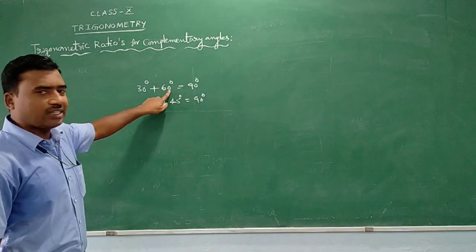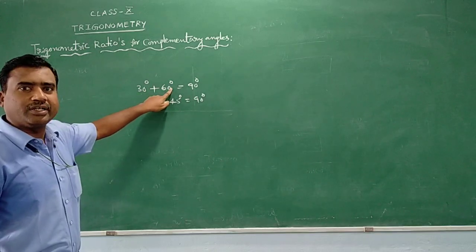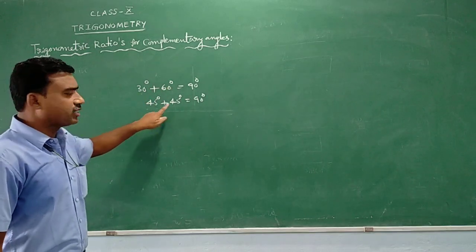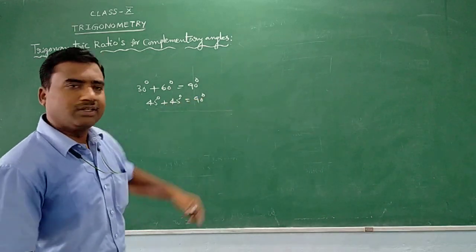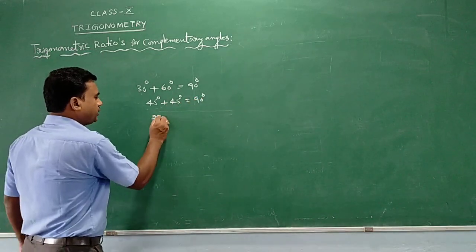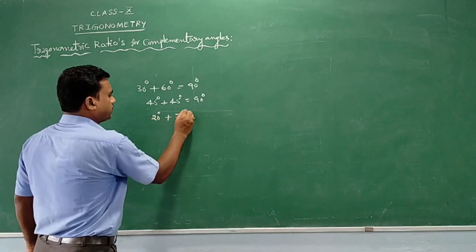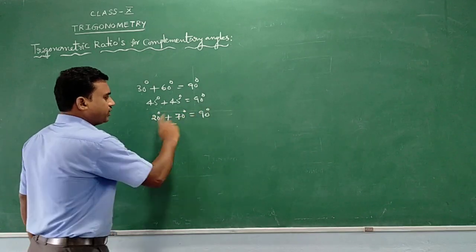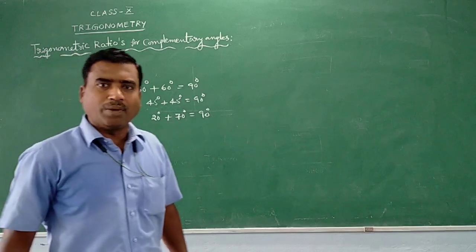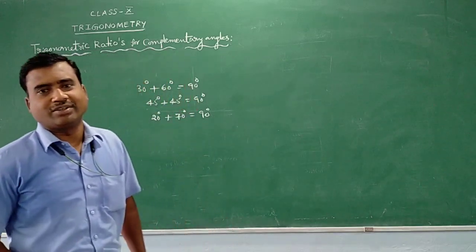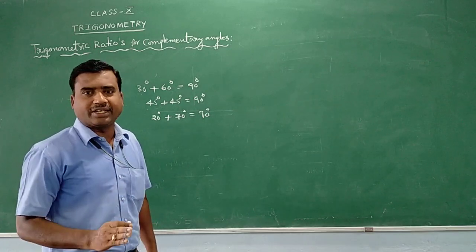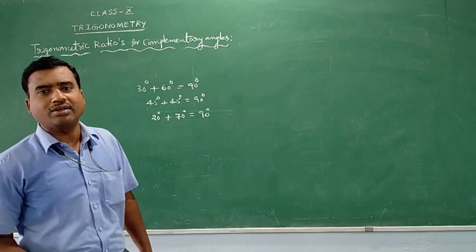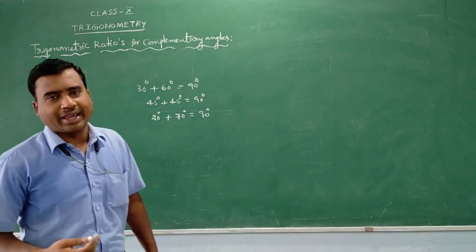So 30 degrees and 60 degrees are complementary to each other, and 45 degrees and 45 degrees are complementary to each other. Similarly, 20 degrees and 70 degrees sum to 90 degrees, so they are complementary angles to each other. So, if the sum of two angles is 90 degrees, then they are called complementary angles.